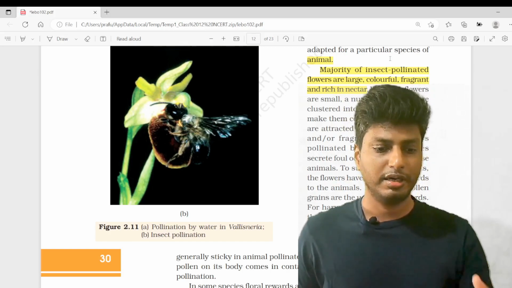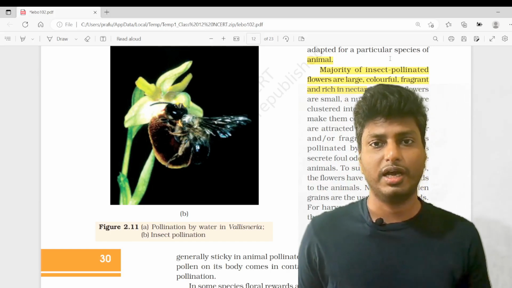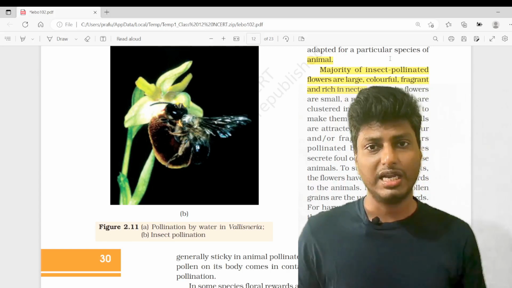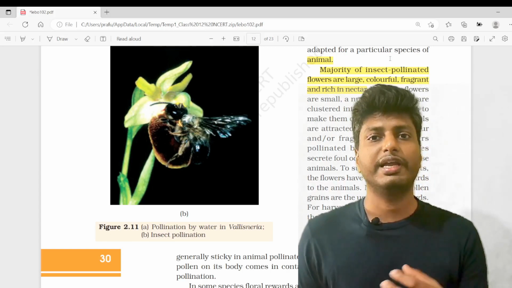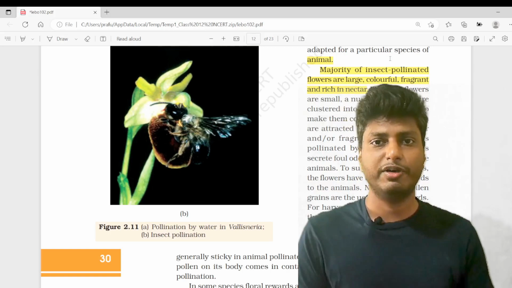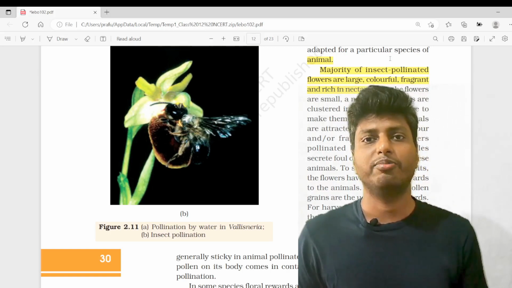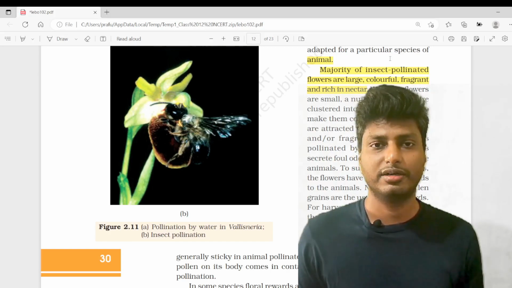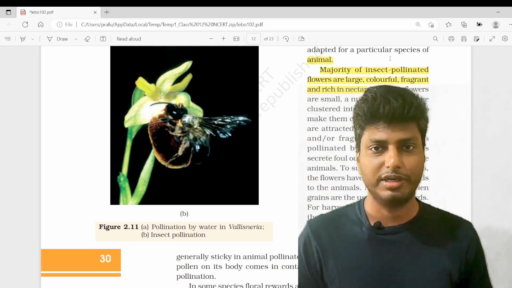For example, here the moth is helping the flower by helping in pollination, but at the same time the flower is helping the moth by giving its nectar. The insect is getting nourishment from the flower, and the flower is benefiting due to pollination.